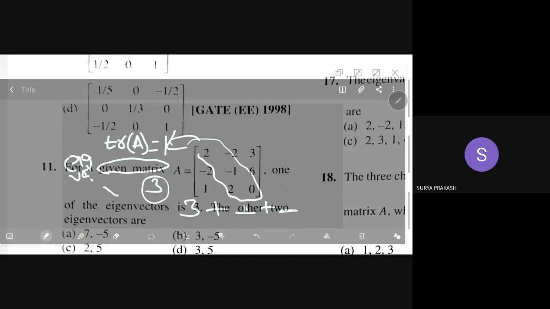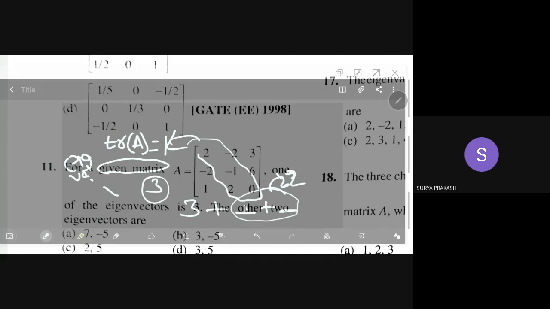So, this sum must be equal to 2... It must be equal to... minus 2. Sorry. This sum must be equal to minus 2. Then 3 minus 2 is 1, it becomes.